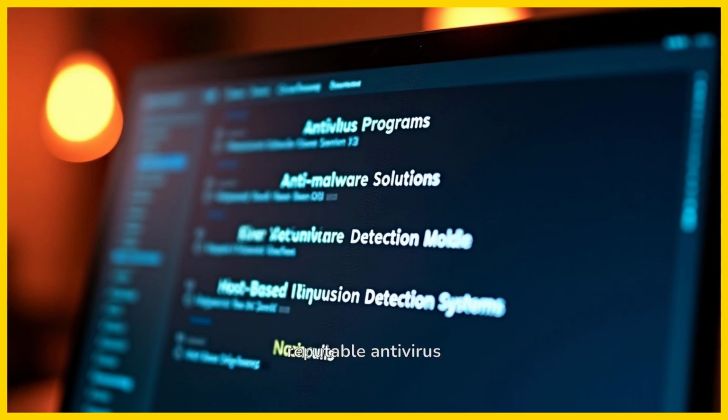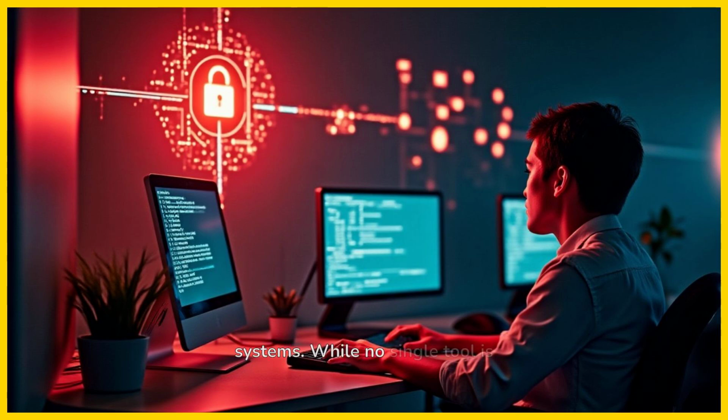This includes reputable antivirus programs, anti-malware solutions, and host-based intrusion detection systems. While no single tool is foolproof, a layered security approach significantly improves your chances of detecting and blocking rootkits before they can establish themselves. By combining these practical steps, users can significantly improve their chances of staying safe and empower themselves against this stealthy cyber threat.